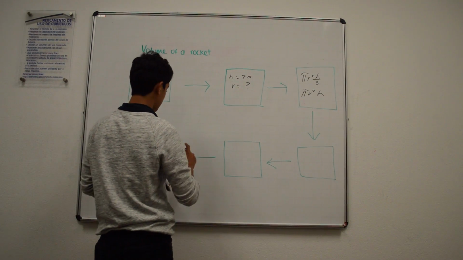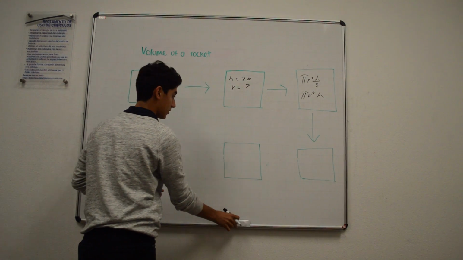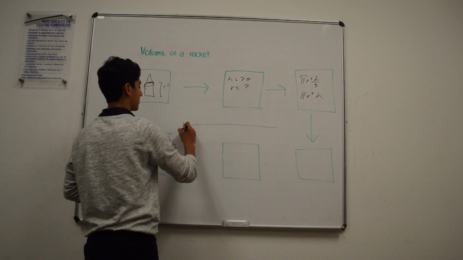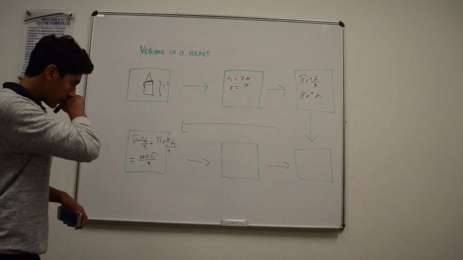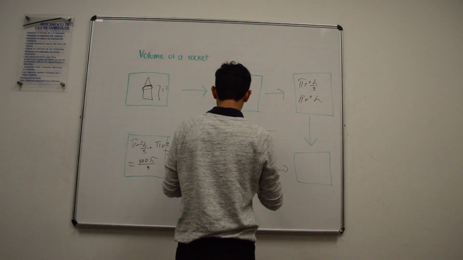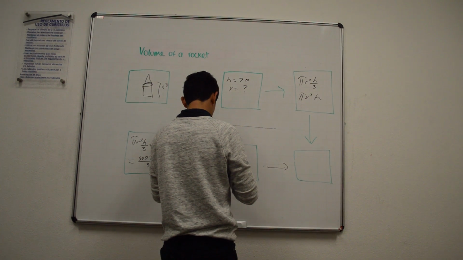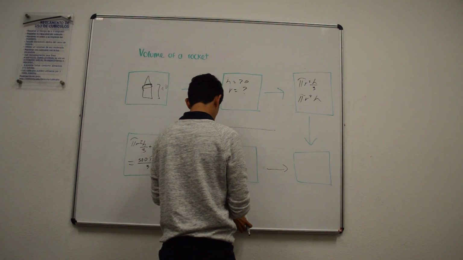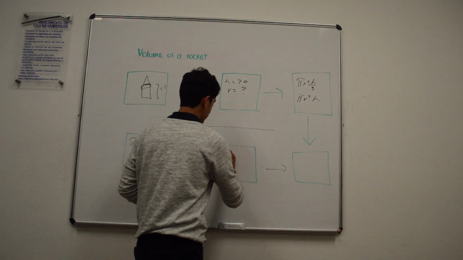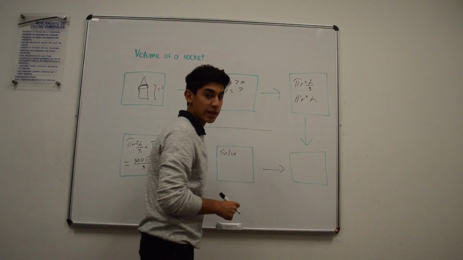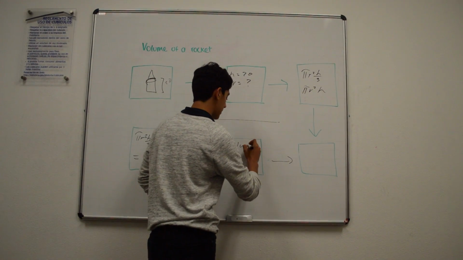Let's say this goes from here, then to here, and to here. So we have our formula, and then we solve all the following steps as my partner explained in the other video.